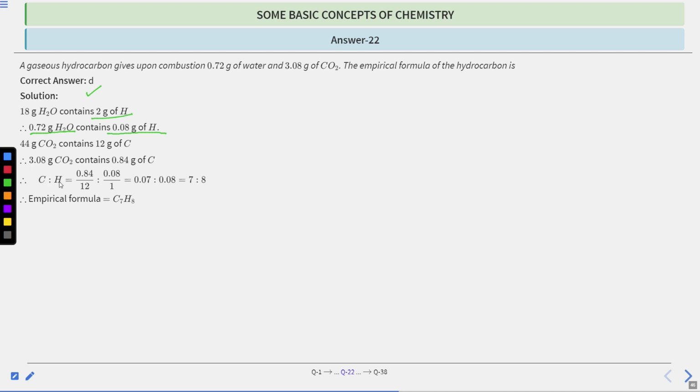Therefore, the ratio of C to H will be 0.84 divided by 12 to 0.08 divided by 1. These are the atomic masses of carbon and hydrogen respectively. And this is coming out as 7:8. So the empirical formula of the hydrocarbon will be C7H8. So option D will be correct.